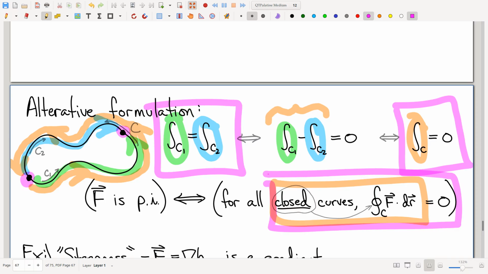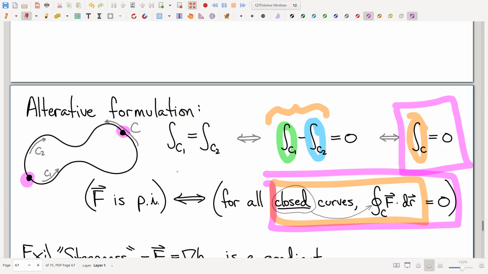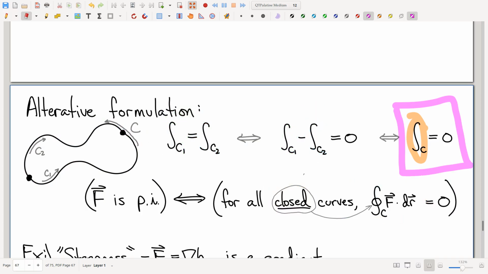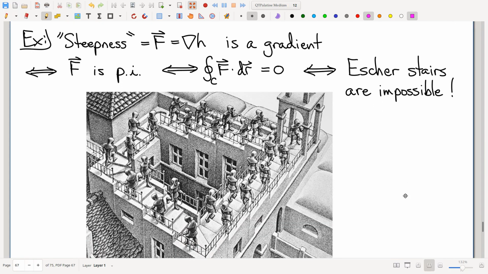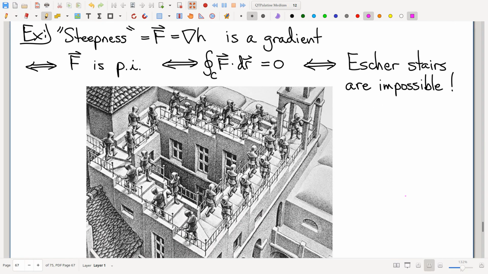Now, here is a take on that, and this is just for fun, and don't worry about it, but I do think this is a fun example. Are you all familiar with this artist named M.C. Escher? If you're not, he's a fun artist.